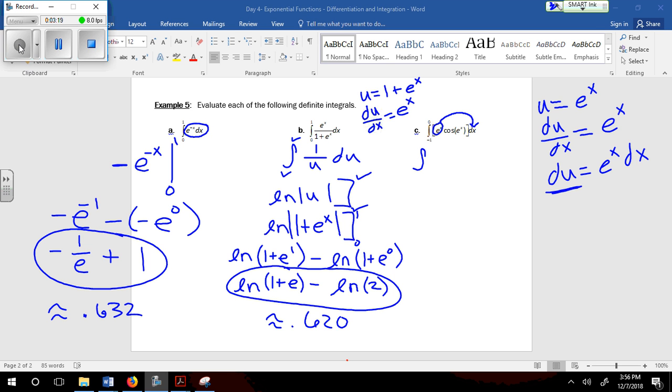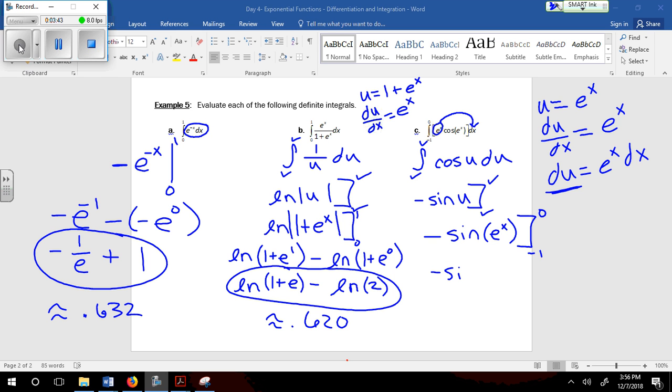So it would be cosine of u du. The antiderivative of cosine is negative sine. So I replace u back, and so it's negative sine of e to the x from negative 1 to 0.